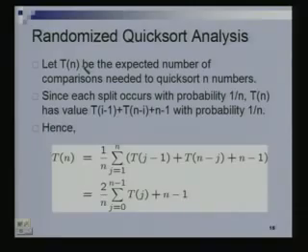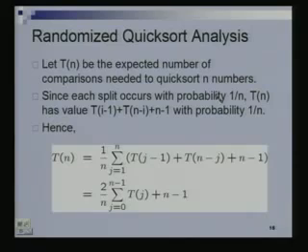Okay. So let Tn denote the expected number of comparisons required by quicksort, right? Tn is a function of n. The number of comparisons required to sort n numbers will depend upon how many numbers you have.